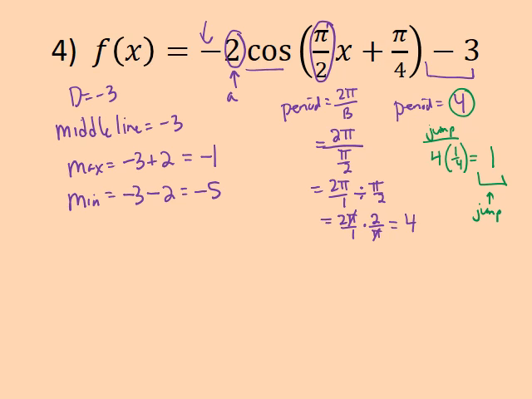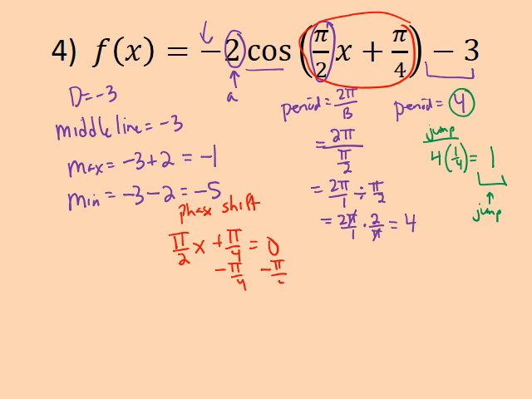The last thing we need to do is the phase shift. We need to take the entire thing and set it equal to 0. This is not an easy one to factor, so I would just set it equal to 0. So we have pi over 2 x plus pi over 4 equals 0. Remember, this is our phase shift. So we minus pi over 4. So we have pi over 2 x equals negative pi over 4.